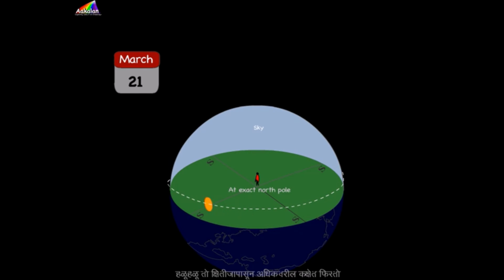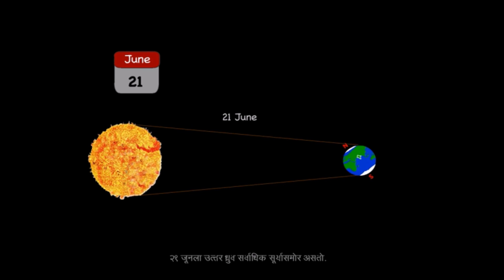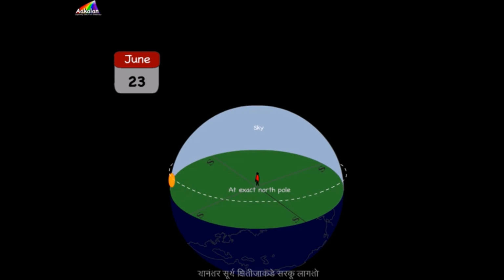This circle gradually rises from near the horizon to its maximum elevation above the horizon at summer solstice. The sun then takes 3 months to reach its highest point at the summer solstice, around 21 June. The North Pole is facing towards the sun to its maximum extent, after which time it begins to sink.